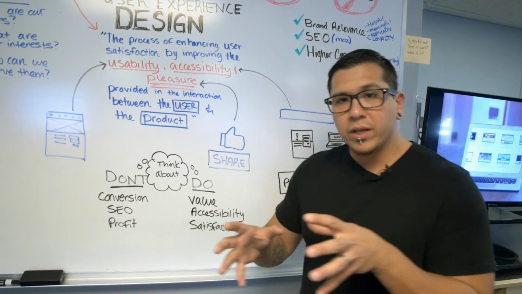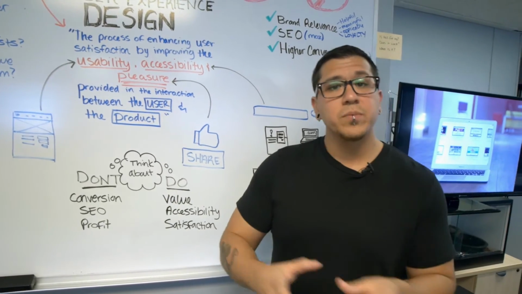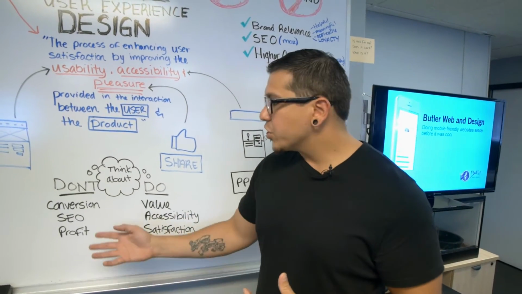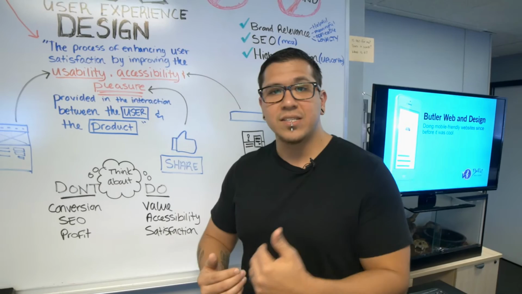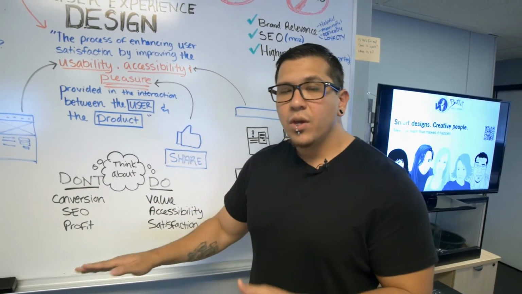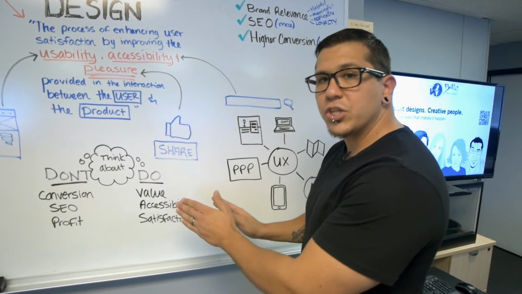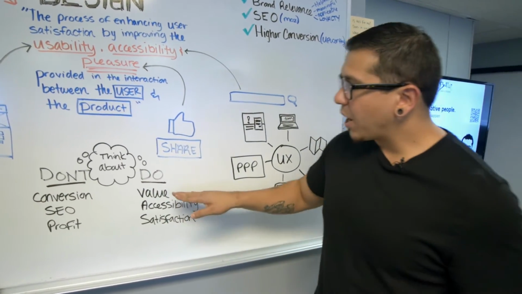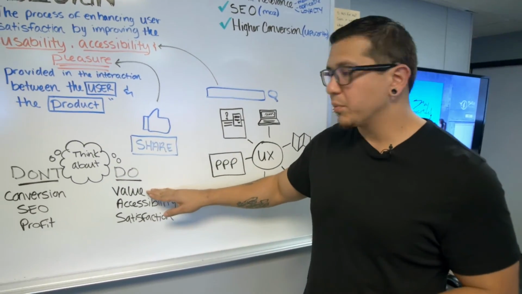And so when a client or an organization comes to a designer with these three issues, what they're saying is, I measure success by conversion, ranking, and profit, rather than having a user-centric way of thinking about how we can add value to our customers.